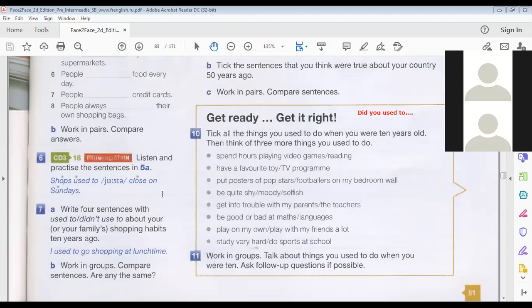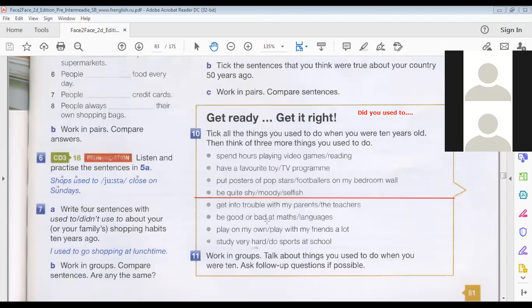So let's divide them into two. You're going to make a question. So here, Selma, you can start. You can ask Samiha these questions, and you can always start in the same way. Did you used to, and she will tell us about her childhood, okay?